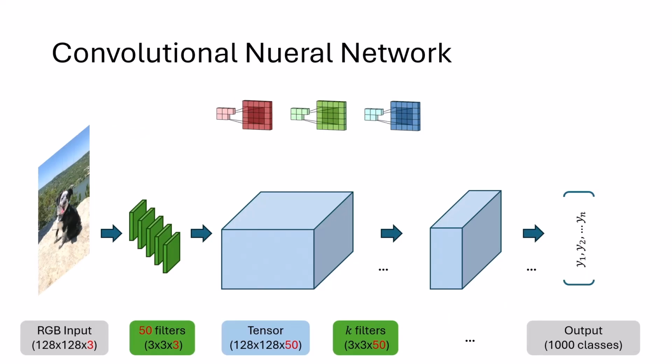The input is this size by 3 channels, so we have a kernel that is 3 by 3 by 3 channels. And if we apply 50 filters here, the next kernel will have to have 50 channels to match. So dimension matching is very important in computer vision when you design this.